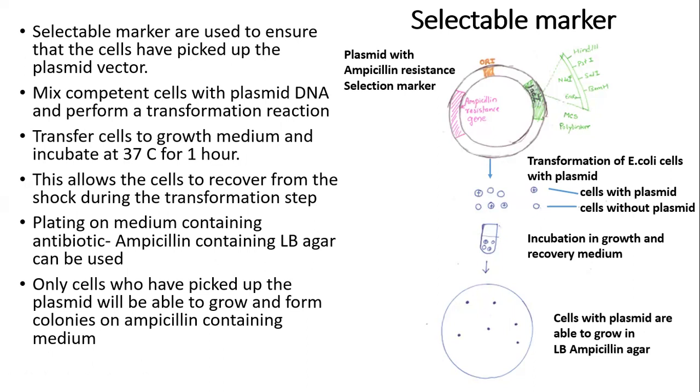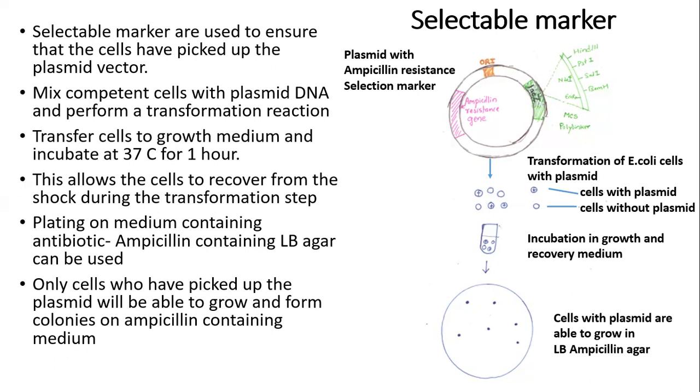Then we provide some incubation time to the cells in a recovery medium. This is for about 1 hour at 37 degrees Celsius. This allows the membranes of the host cells, which were disrupted during the transformation reaction, some recovery time and the medium to reform their membranes.